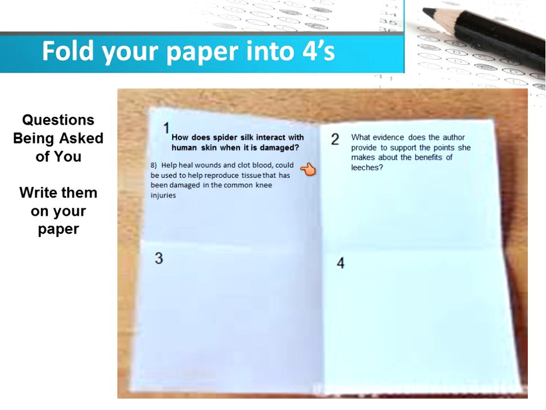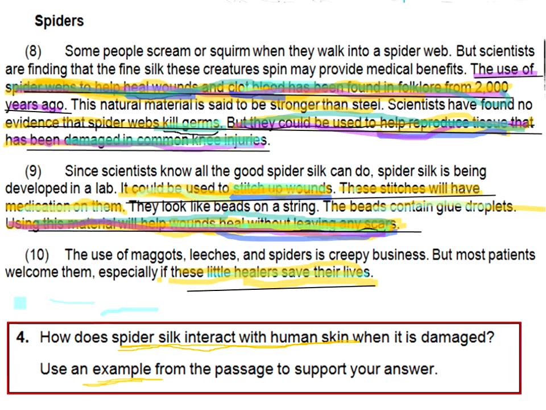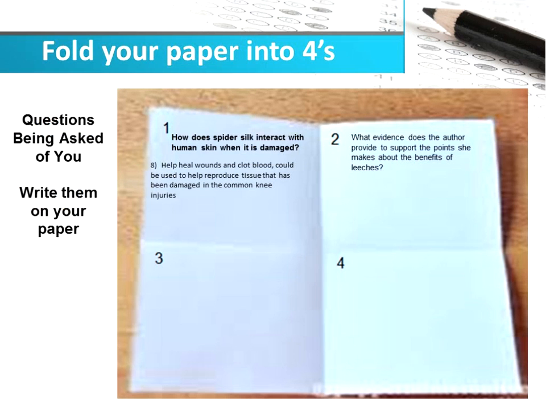Help heal wounds and clot blood. It could be used to help reproduce tissue that has been damaged in the common knee injuries. There's a couple of things that I took from paragraph 8 that I thought definitely answer how spider silk interacts with human skin when it's damaged.